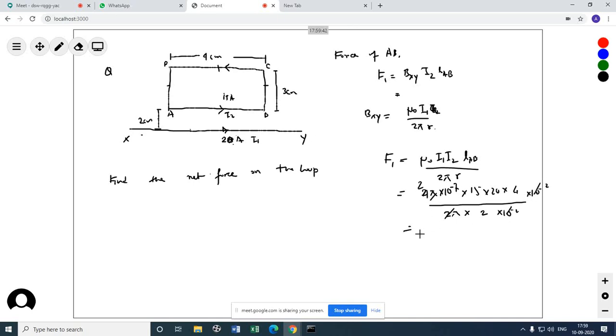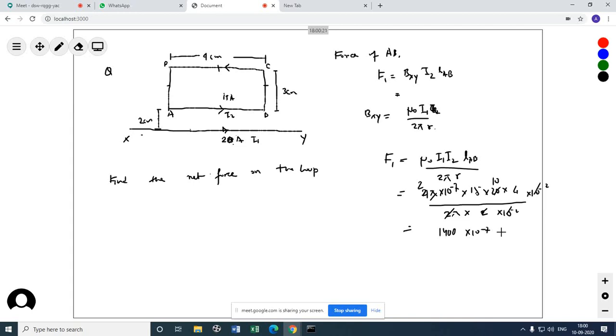So then 2 pi, this gives me 2, and this gives me 10. So how much is this? This one will give me 15 into 10, 150. 150 into 4 will be 600. Then 600 into 2, 1200. Okay, 1200 into 10 to the power minus 7.